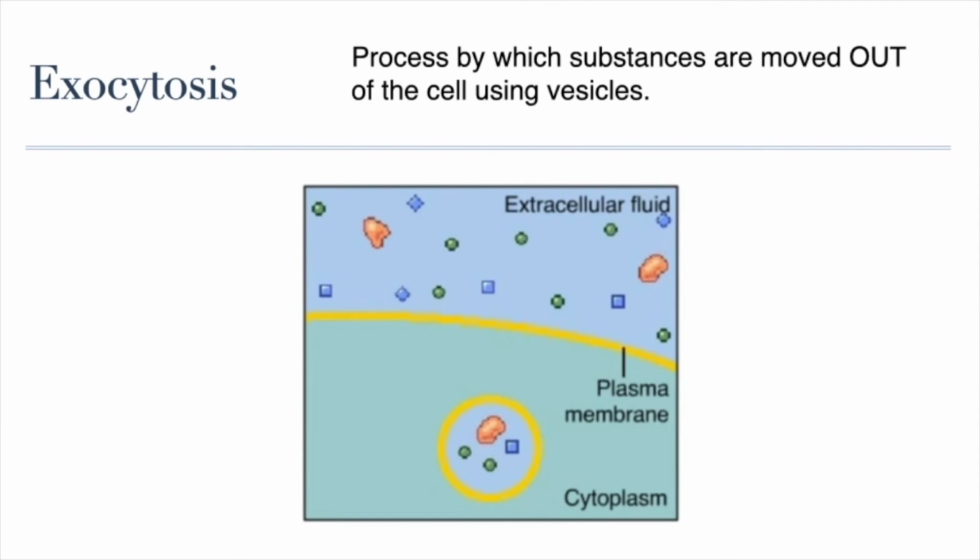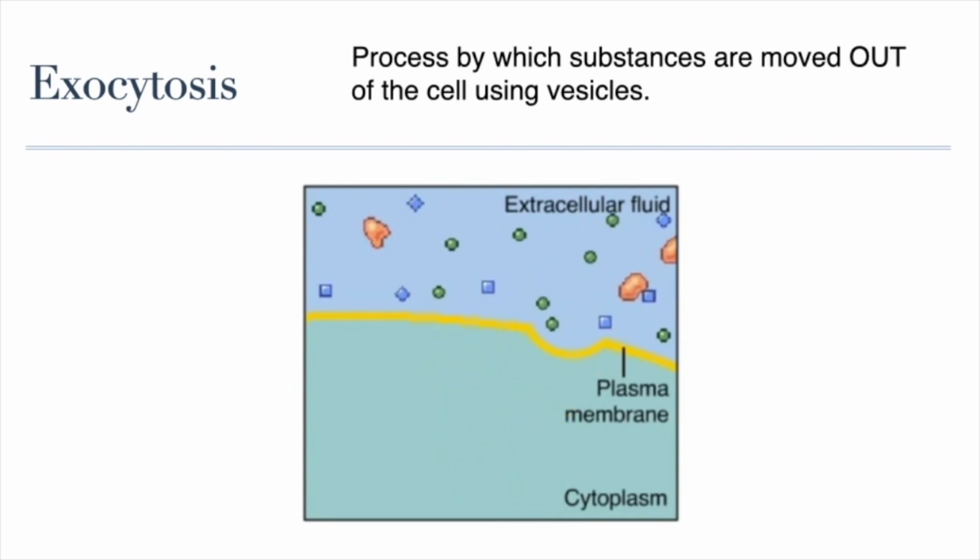Exocytosis is the process by which substances are moved out of the cell using vesicles. The vesicles arrive at the plasma membrane filled with substances that were produced by the cell. The vesicle, which is made up of the same phospholipid bilayer as the cell, then fuses with the plasma membrane. Exocytosis happens a lot in cells that are part of the excretory tissues or organs.